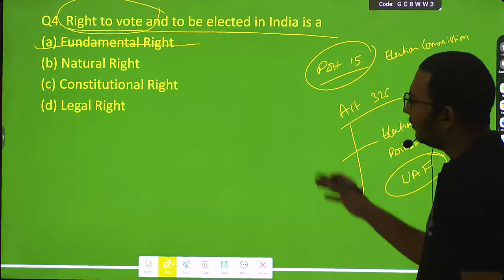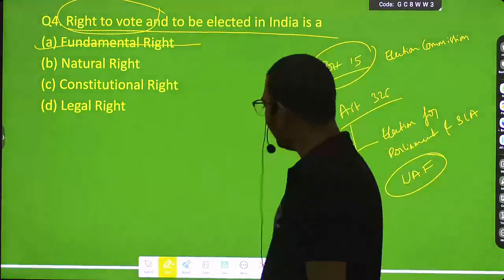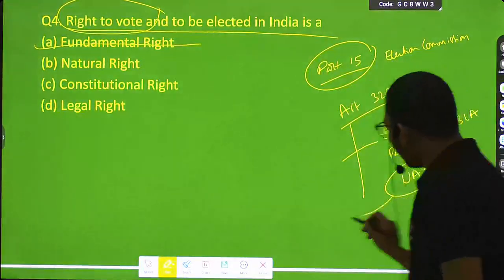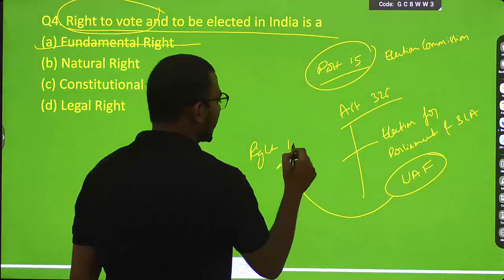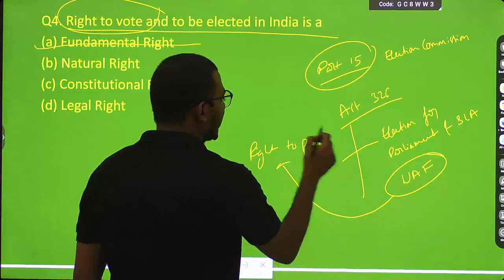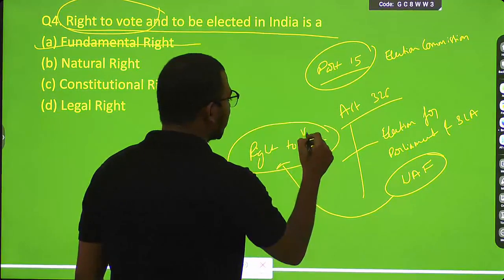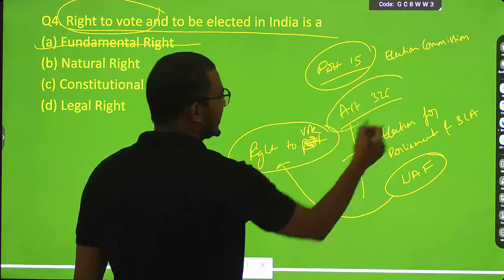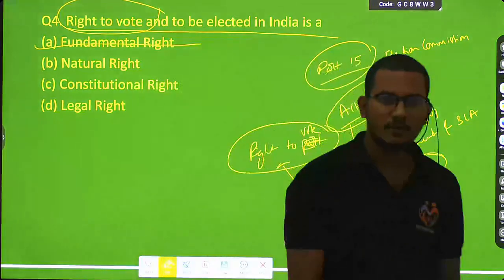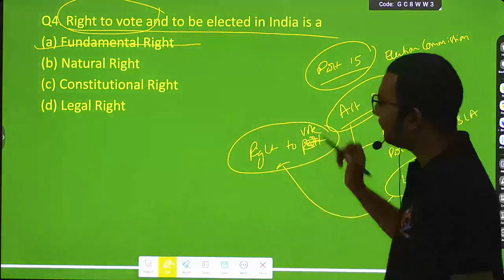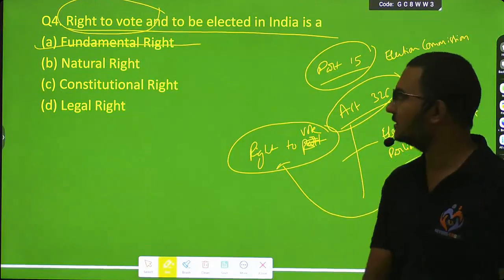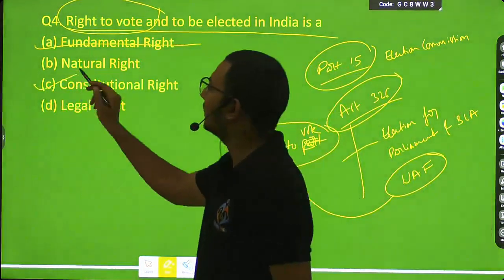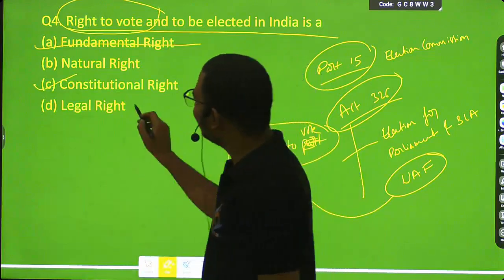Okay, so the Supreme Court in that case has told that right to vote is part of this article 326. Okay, so this is not a fundamental right, but this right is given in the constitution, so this is a constitutional right. Okay, this is a legal right as well.